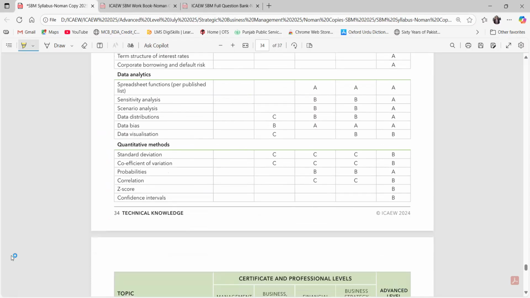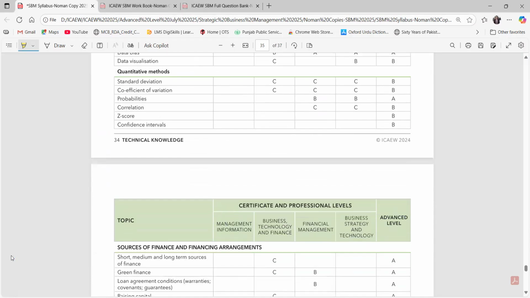Then talking about some quantitative methods, basically. In quantitative methods, we talk about the standard deviation, coefficient of variation, probabilities, correlation, z-score, and then confidence intervals as well. So these are some quantitative methods.